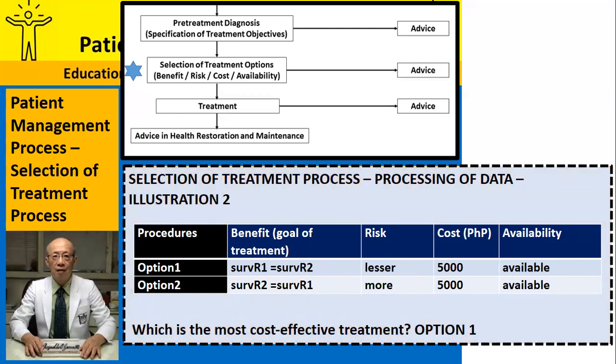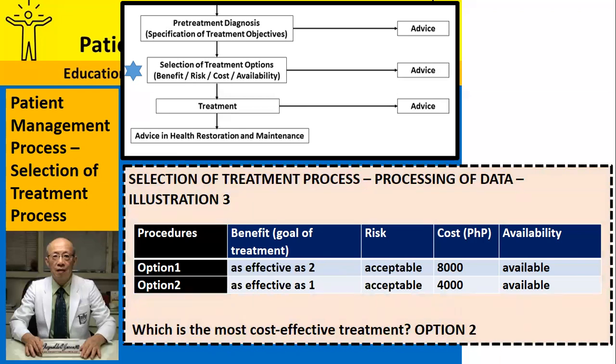Another illustration. Survival rate is the same for both option 1 and 2, but the risk is lesser for option 1, and the costs are the same, and both are available. Which is the most cost-effective treatment? Option 1.